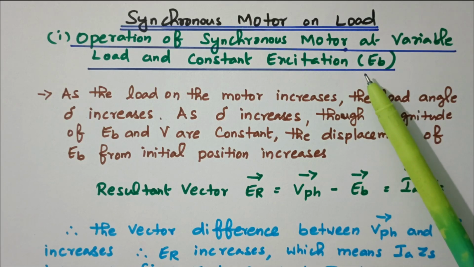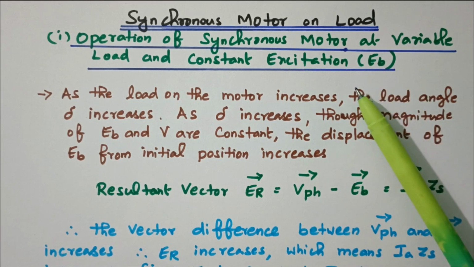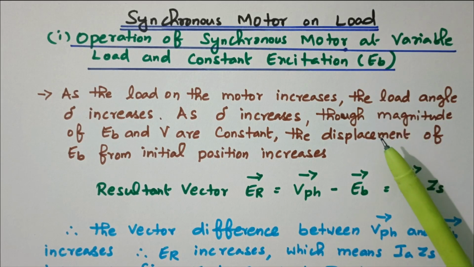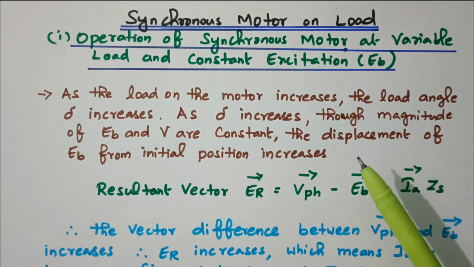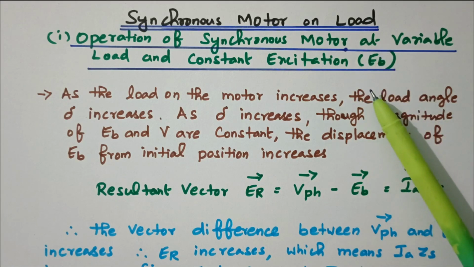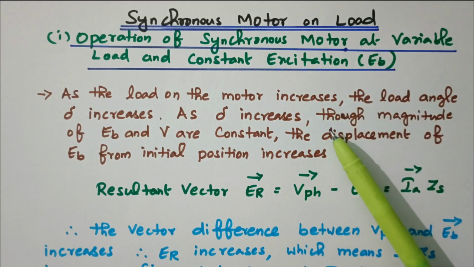When it is loaded, the fluxes are stretched on one side, so it forms the torque angle delta. Based on that, Eb and V phase are not equal; there is some phase displacement of Eb by an angle delta. You can refer to that video for the synchronous motor on load. This topic is a continuation of that.